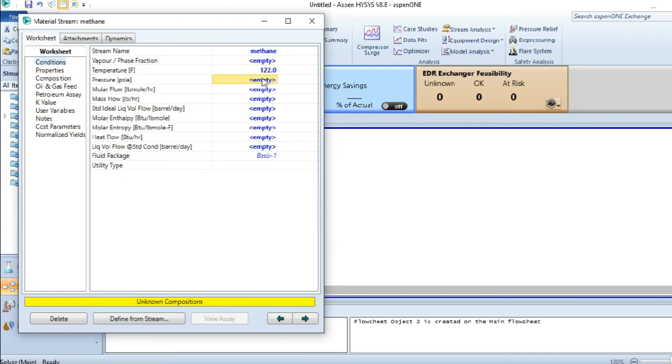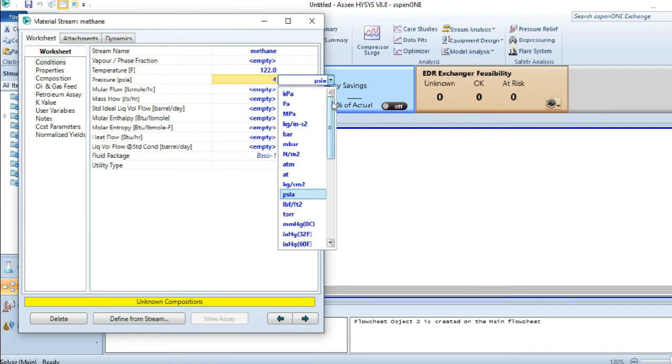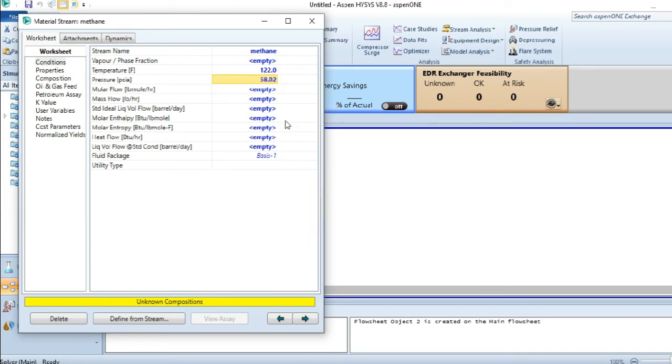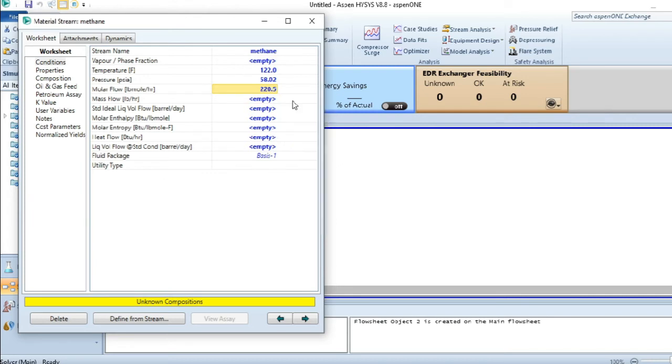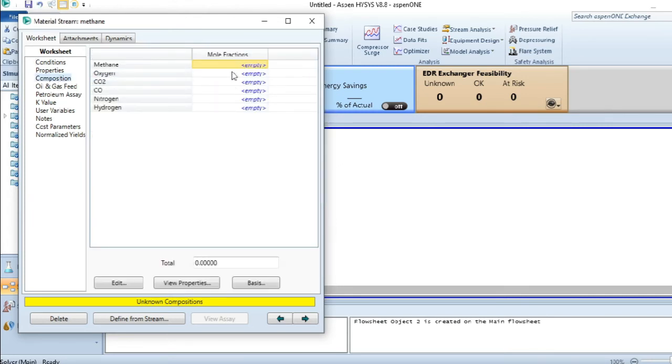I have pressure of 4 bar. This is psi, so it has to be 4 bar. I have molar flow of 100 kg mole per hour. This is pound mole per hour, so kg mole per hour. Then the composition is 1, that is 100% for only methane.